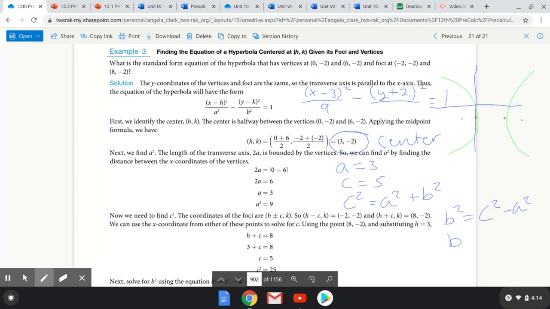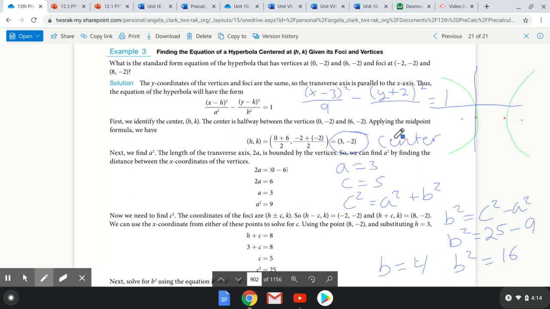So I'm going to rearrange this to solve for b. So b squared equals c squared minus a squared. And then I'm just going to plug in. So I know that c is 5, so c squared is 25. a squared is 9. So b squared equals 16. So b equals 4. Write that over here because I ran out of room. b equals 4.